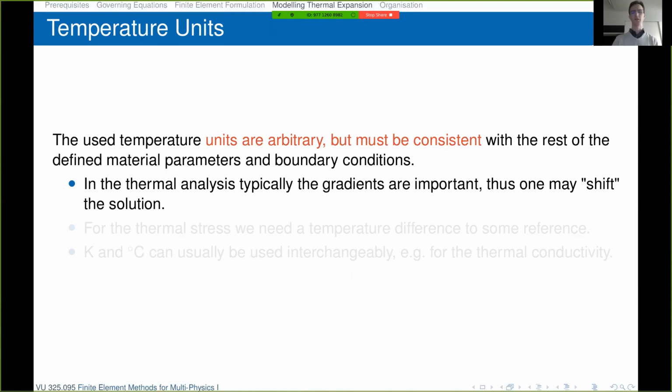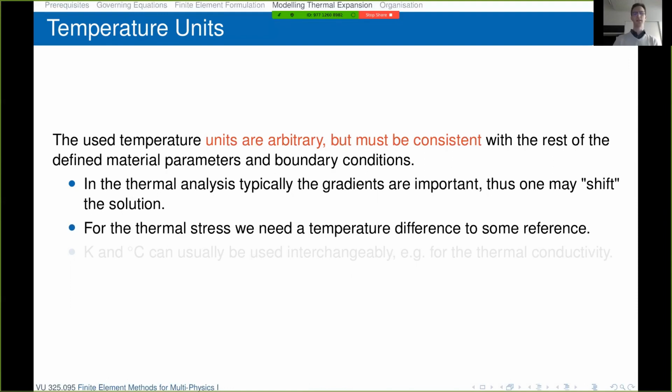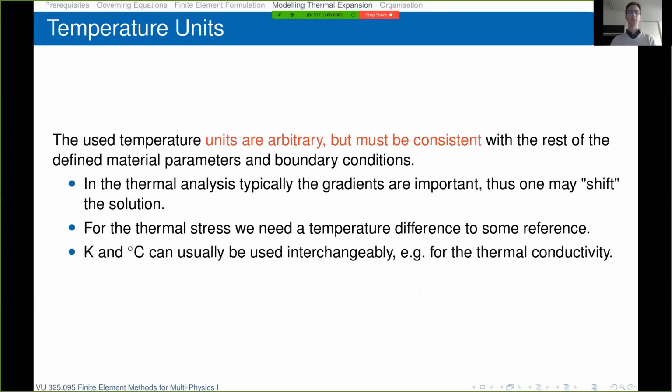For the thermal stresses, we need the temperature difference to some reference, and this reference you have to give, and this reference has to be appropriate with respect to the absolute temperature you obtain from your heat conduction analysis. And finally, Kelvin and degrees Celsius can usually be used interchangeably, for example, for the thermal conductivity. So if it's per Kelvin or per degree Celsius, it doesn't matter in this case.